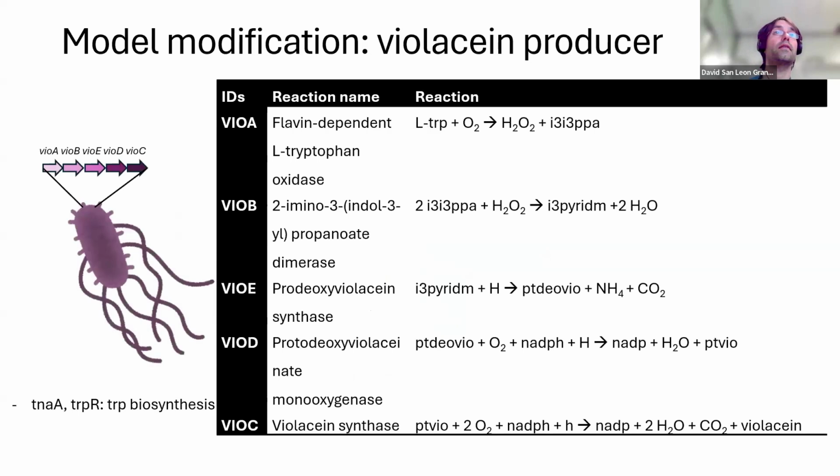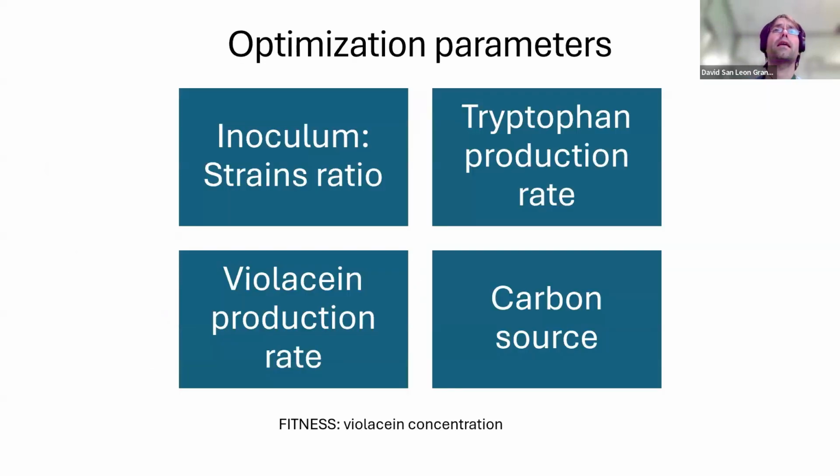We include the heterologous pathway inside the violacein production strain, so of course we should include the reactions inside to produce it. Later, we selected the optimization parameters. Again the inoculum, but in that case, instead of separating between one biomass and the other, we decided to use the ratio between them.